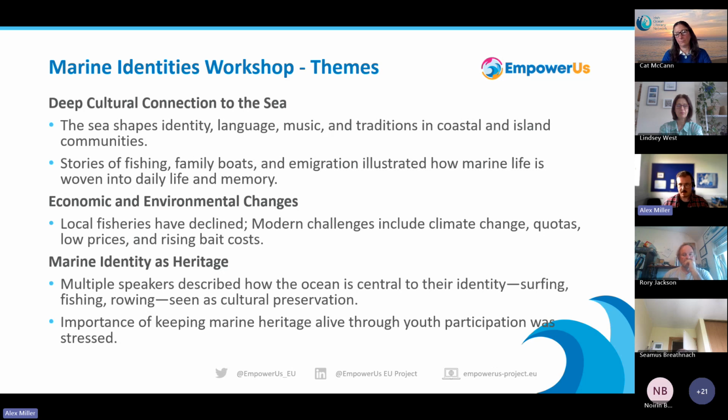And how important it is to maintain that sense of marine heritage and carry that on, and to include younger people in order to pass on that information and ensure that people still have an opportunity to connect with the ocean, even if the industries in which they're doing that has changed. So all in all, it was fascinating and really interesting insight into one community and their reflections on these areas.